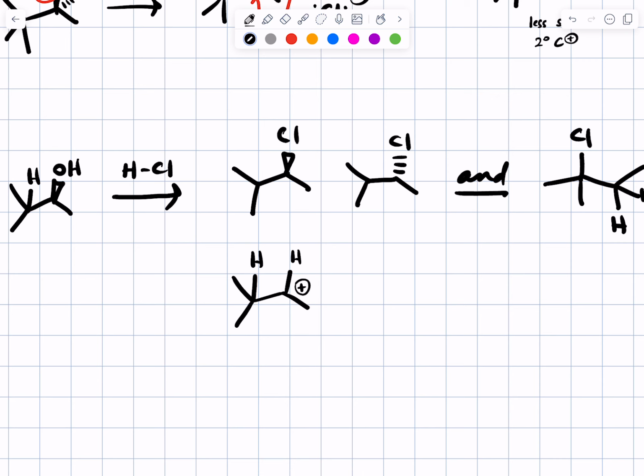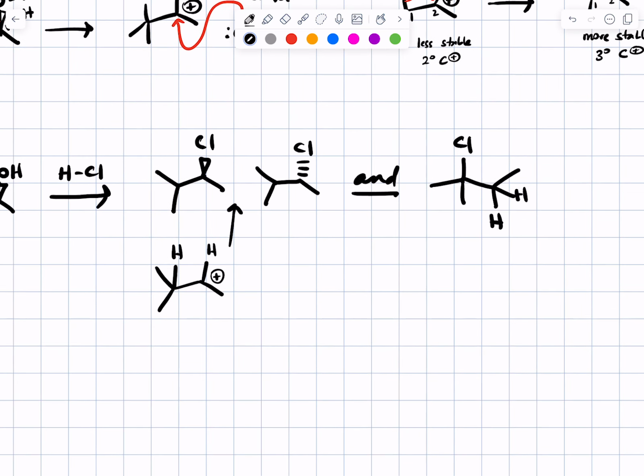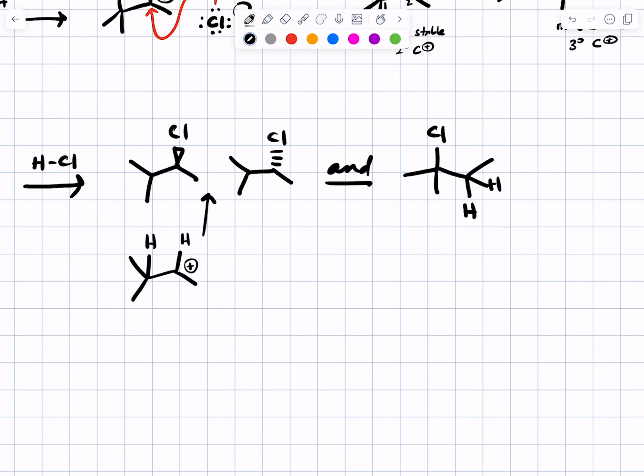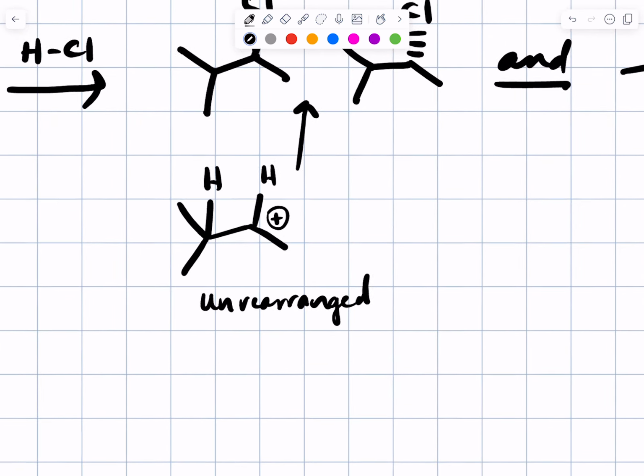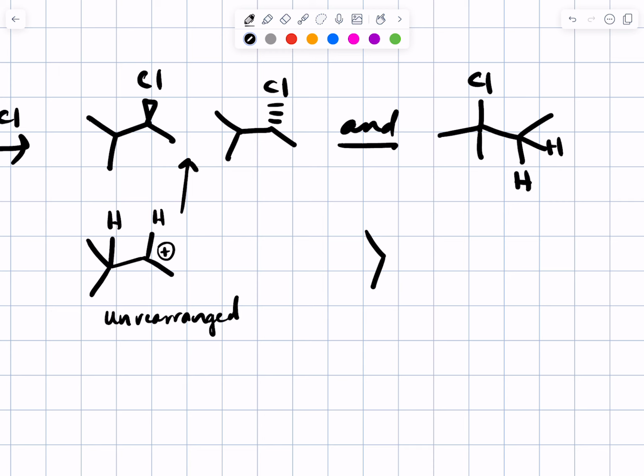And again, if you don't do the rearrangement and Cl comes in and acts as a nucleophile, you can get to those products. So this is the unrearranged carbocation. But if we look at that unrearranged carbocation, I'm going to draw it again just so I can do the arrow pushing for the rearrangement.